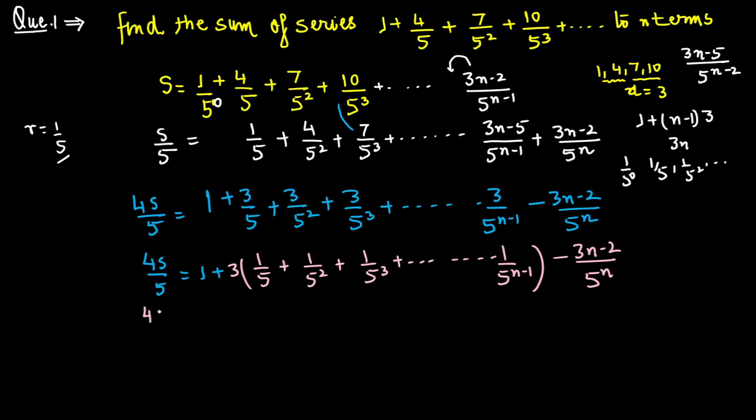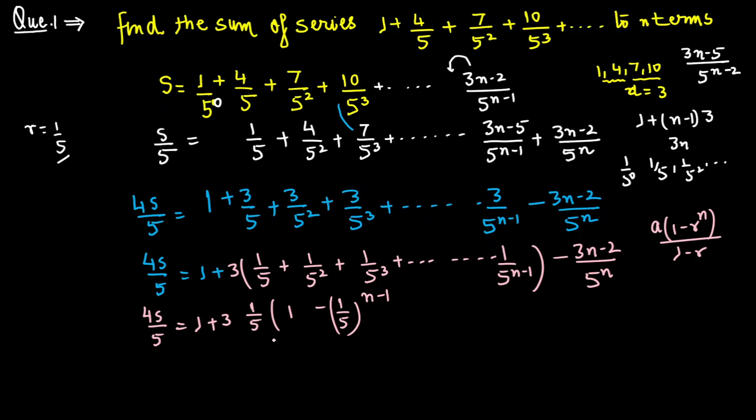Then 4S by 5 is equal to 1 plus 3, first term a times 1 minus r to the power n minus 1, because the formula says a times 1 minus r to the power n upon 1 minus r, and 1 minus 1 by 5 I am writing directly as 4 by 5, minus 3n minus 2 divided by 5 to the power n.